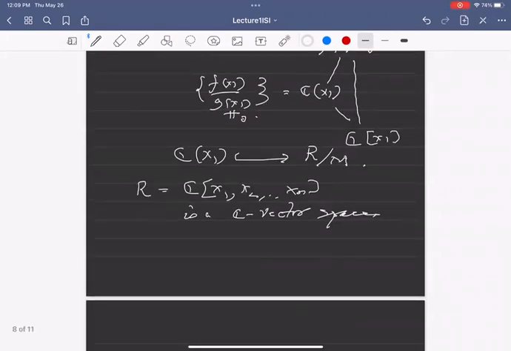Yeah, anybody can tell me what is the dimension of R as a complex vector space? N. Who is talking? It is Sir Shayantoni. Yes. It is n. You are saying it is a finite dimensional vector space?